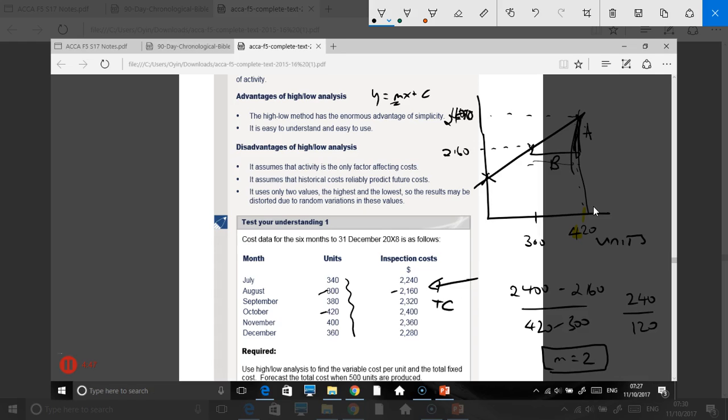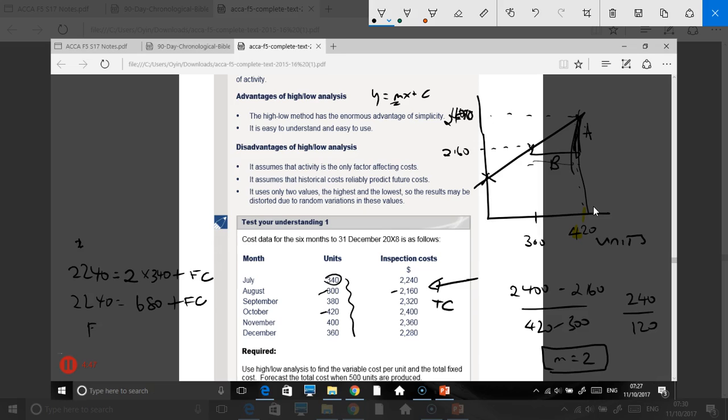I'm nearly there now, because if I pick a number of units, you could literally pick anything. I'll pick July. So I know y, my total cost, which is given to me. In July, total cost is 2240. That is variable cost 2 times 340 units plus my fixed cost. So 2240 is equal to 680 plus FC.